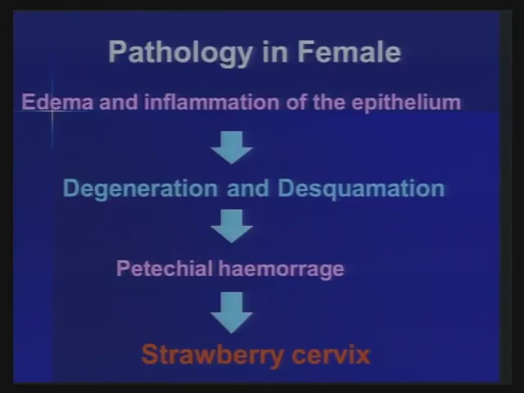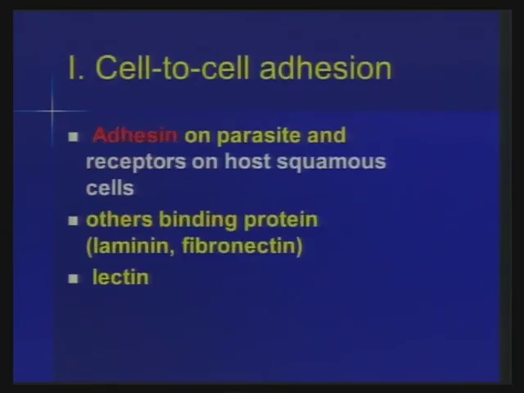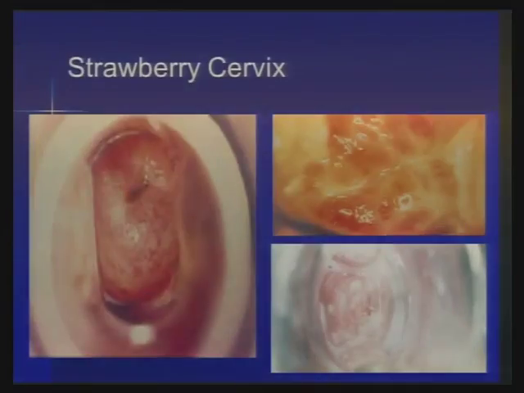We see spots of inflammation and spots of hemorrhage. So the picture, they describe the strawberry cervix from the picture they saw. I'm going to move back to the picture again. They describe everything as strawberry cervix from the naked eye here because of the petechial hemorrhage. Once it causes the inflammation of the ectocervix or subcutaneous cell, this is the hemorrhage.